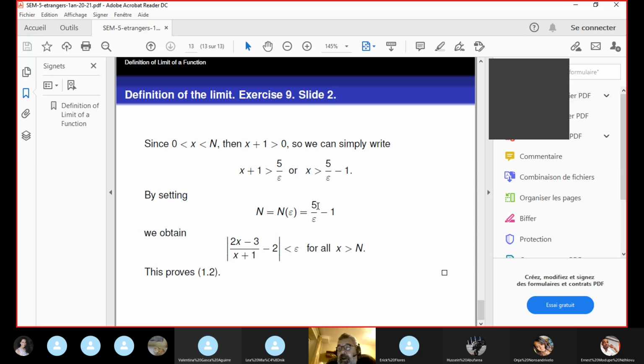And y sub n will be minus 1 to the power n. It is a divergent sequence. Agree? So if I take a sum, it will be 0, 2, 0, 2, 0, 2, and so on. So in this case, we have a divergent sequence.